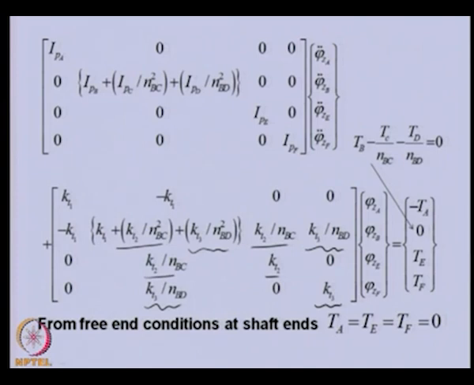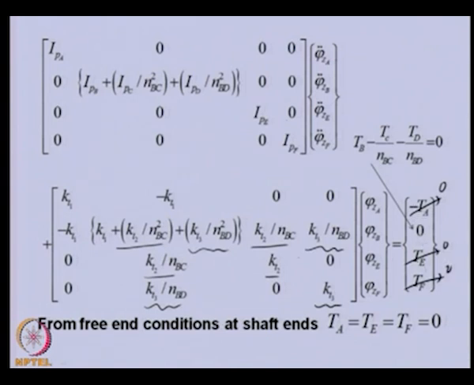And at the junction point these torques will cancel each other, and in this particular case also A, E and F are free ends. So, torque at those locations will be 0. So, we will be having these torques also as 0, and now you can see on the right hand side all terms are 0.